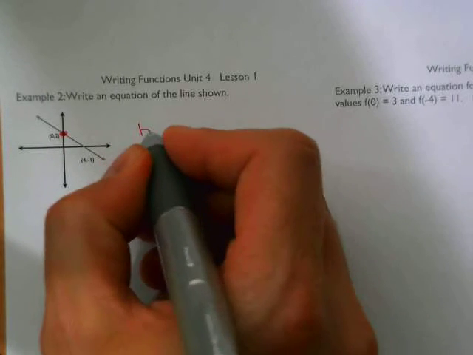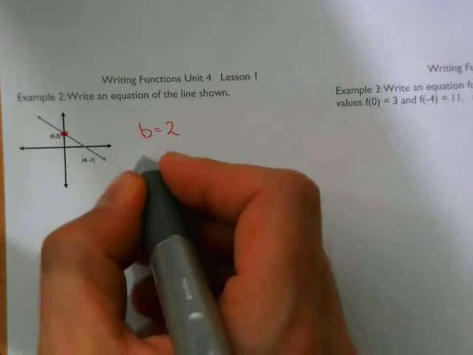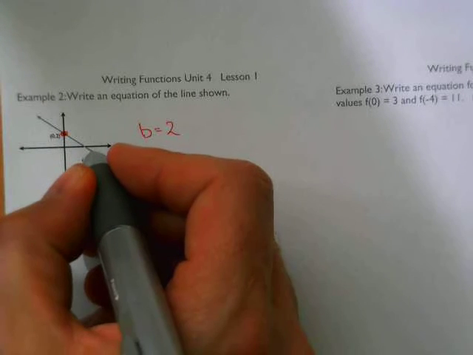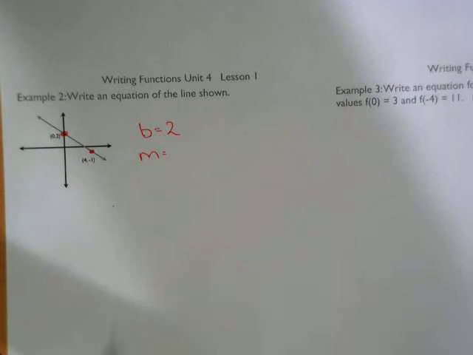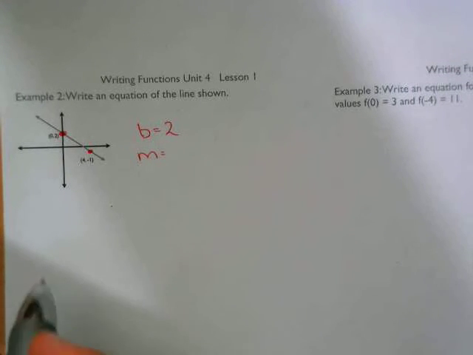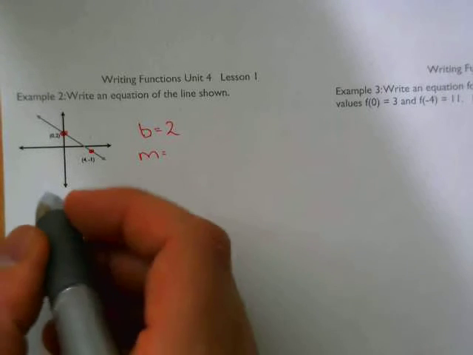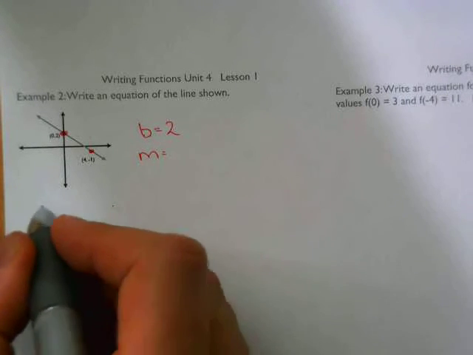We can say b equals positive 2, but then the slope, well, we could either count, it'd be kind of difficult on this graph to count, or we could use the slope formula, which I think we should probably do since what we've been given is 2 coordinates. And so what we have here is (0, 2) and (4, negative 1).